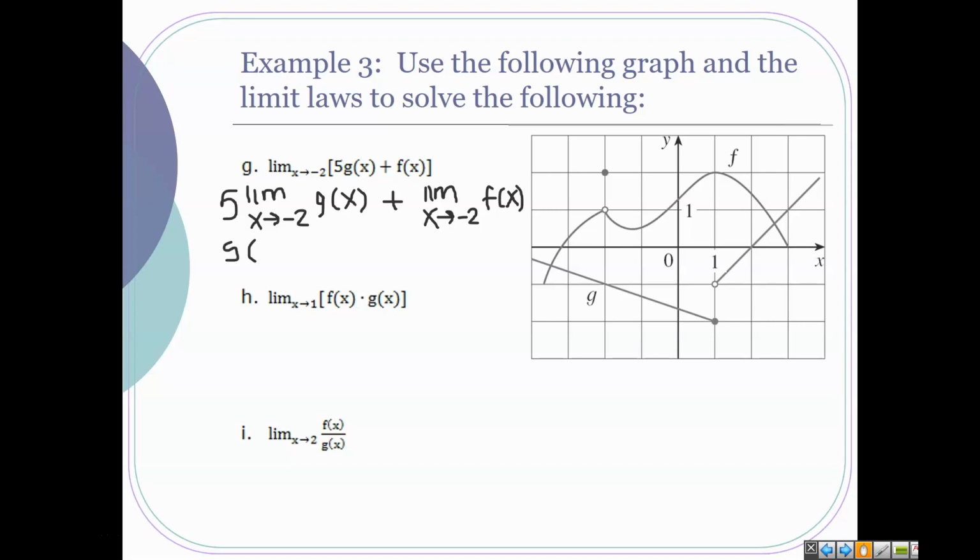So the limit as x approaches -2 of g of x. So I'm going to go to -2. We're concerned with everything at -2 in terms of limits. So the limit as x approaches -2 of g of x is -1 because the left-hand limit and the right-hand limit both approach that point.